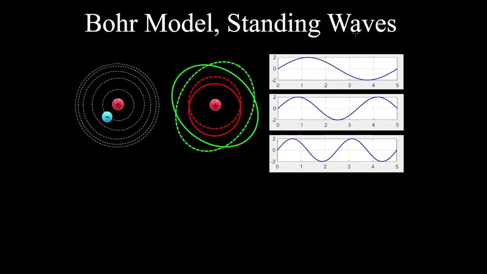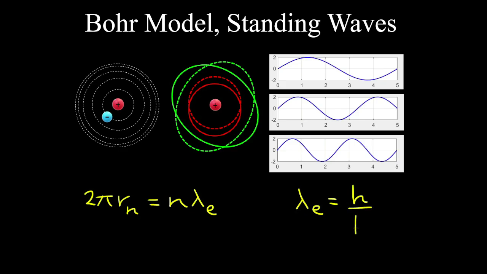The standing wave model of electrons accounts for the existence of specific energy states of an electron that are allowed in an atom. Because the electron's orbit circumference, which is 2 pi times the radius of the orbit, must be an integer multiple of the electron's de Broglie wavelength, which, recall, was equal to Planck's constant over the momentum of the electron.